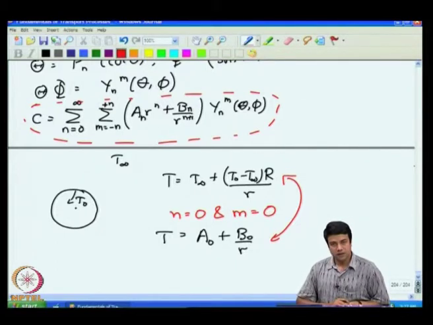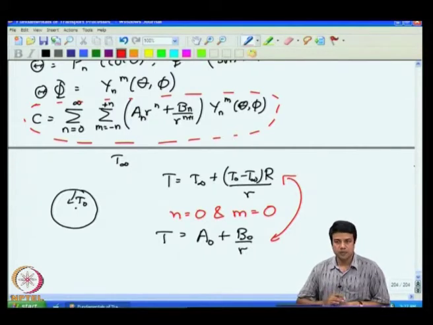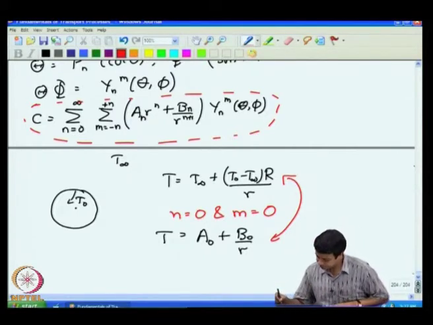So, the heat conduction from a heated sphere that we did corresponds to the spherical harmonic expansion with n equal to 0, where m is by default equal to 0.